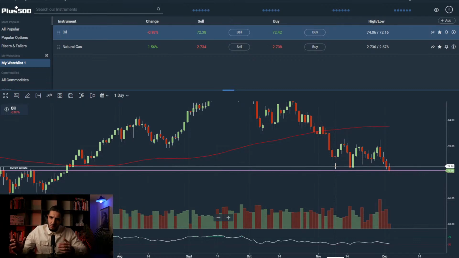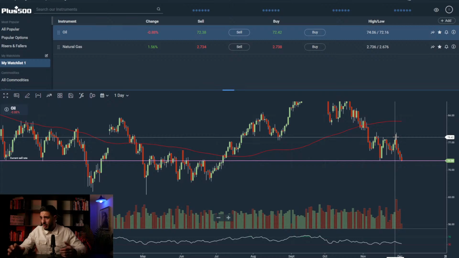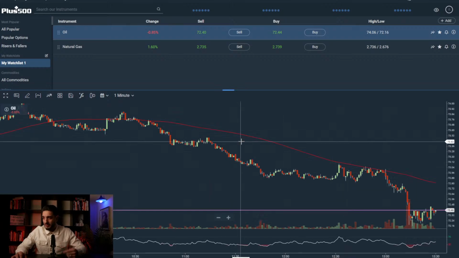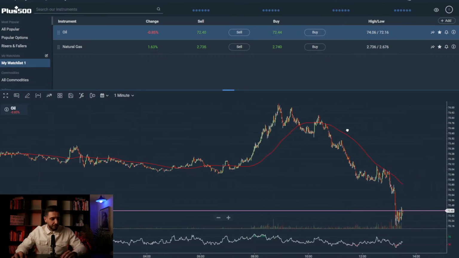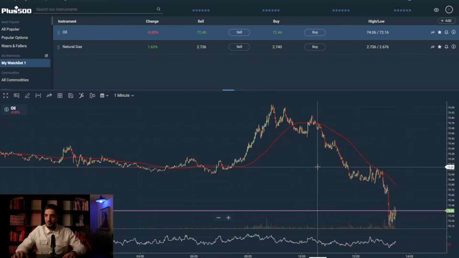So monitor crude oil closely at the moment, whether we'll bounce off it and continue uptrending from there, or break below it and continue the downtrend momentum we had from October. We're yet to find out, but keep monitoring crude oil closely, because after this huge sell-off an hour or two ago, we're sitting at that support level. So just be mindful of that.